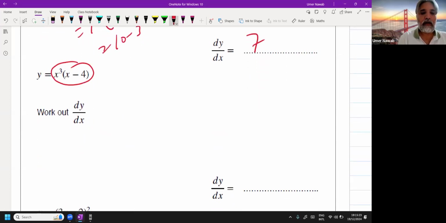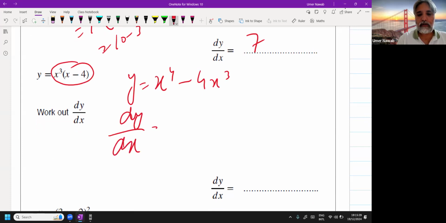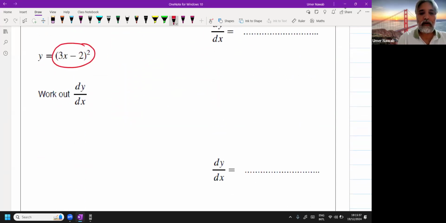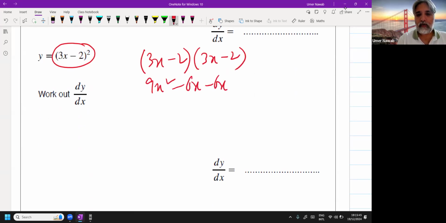Now, can we expand the expression? So y is equal to x power 4 minus 4x cubed. So dy by dx at this time will come to 4x cubed minus 3 multiplied by 4 is 12x squared. Can we expand the bracket first before applying the differentiation? So (3x minus 2)(3x minus 2). So 9x squared minus 6x minus 6x plus 4. 9x squared minus 12x plus 4.